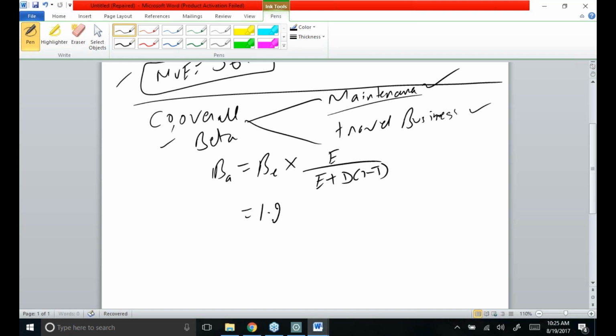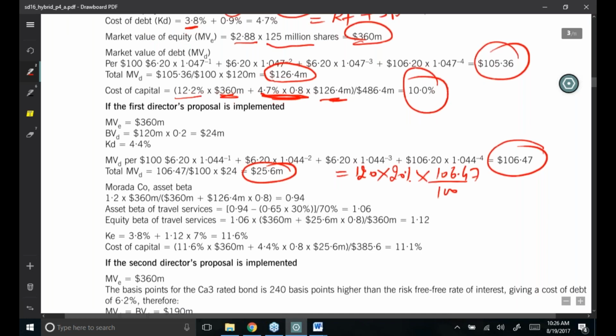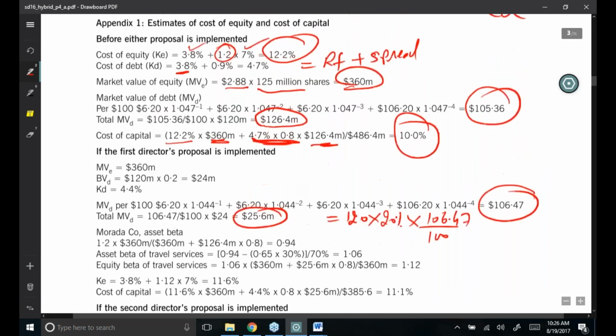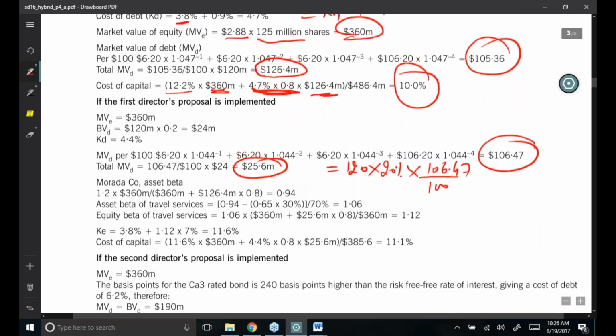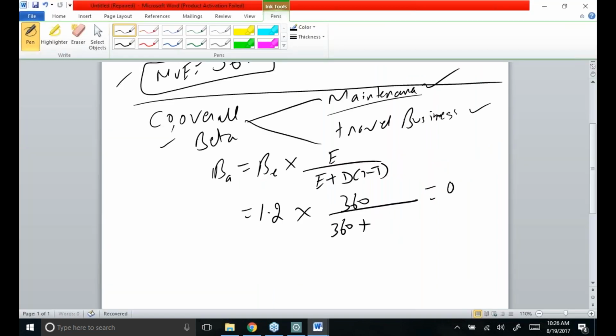The previous beta was 1.2, equity value was 360, and previously debt value was 126.4. So by ungearing, the Murada beta is equal to 0.94.